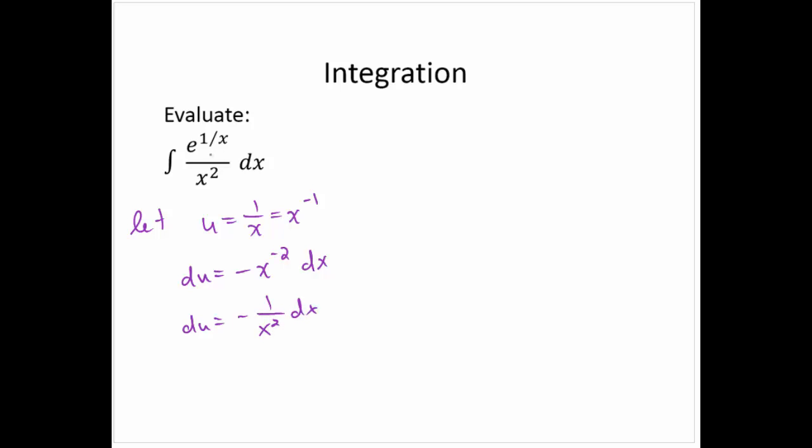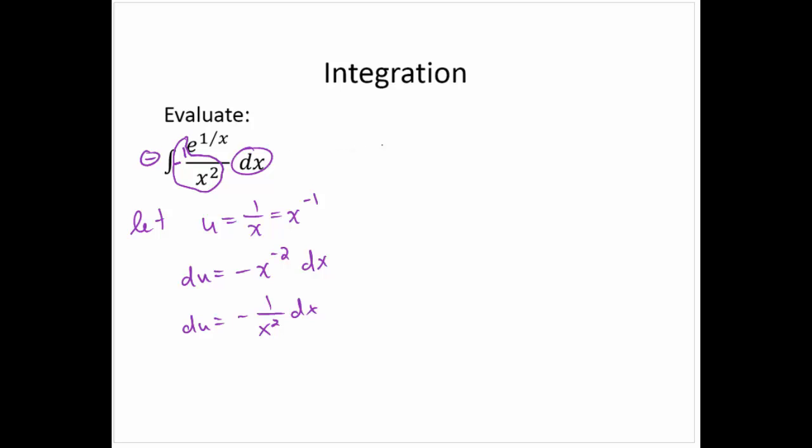And so I see I've got this over x squared, so I would just need to rewrite this a little bit. I would need a negative, and there's the 1. I can always put in a 1. But now I've put in that negative on the inside, so I need another negative to balance it. I'm going to put that other negative outside. And so I've got negative 1 over x squared dx and e to the 1 over x.